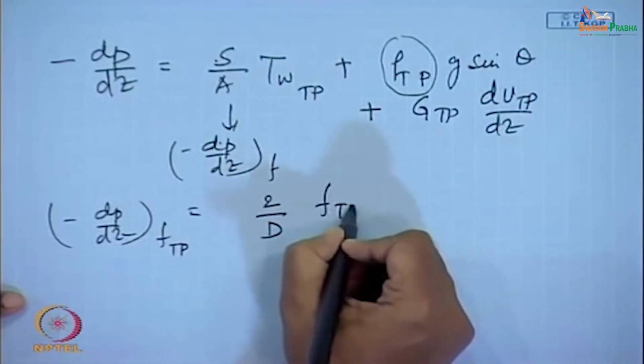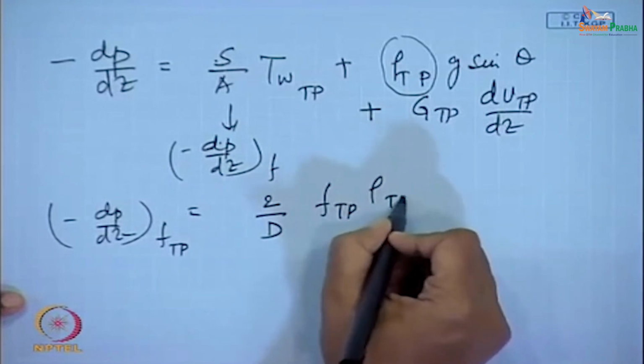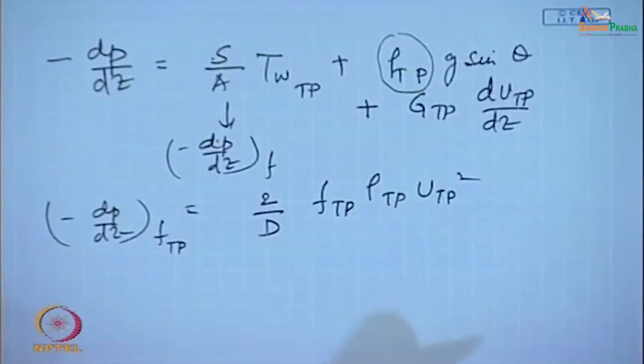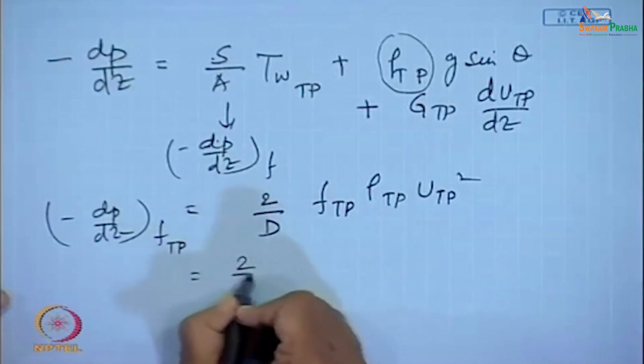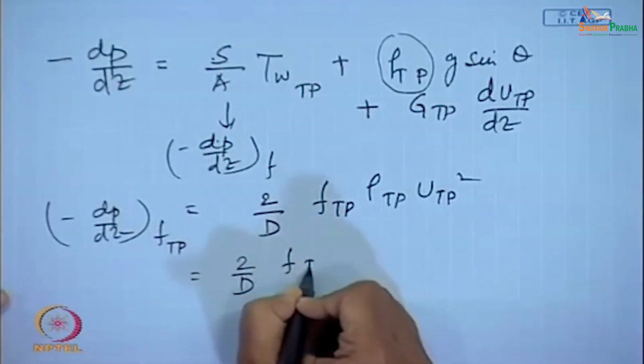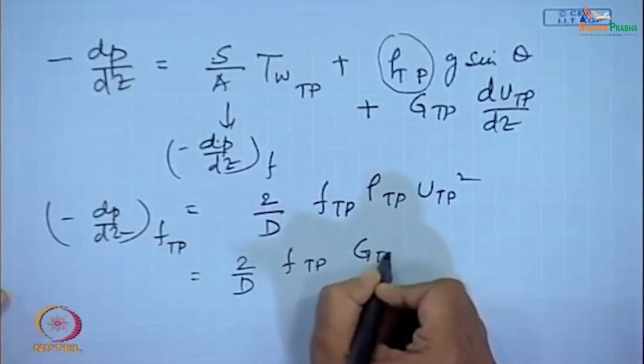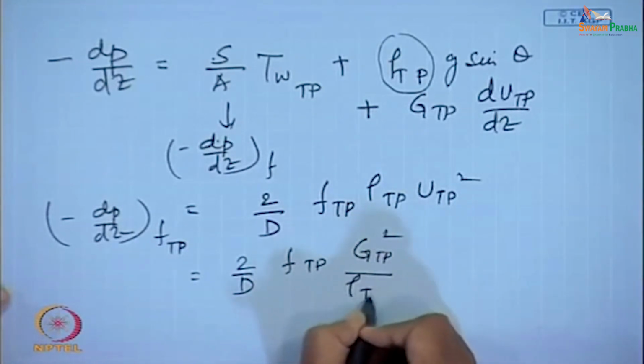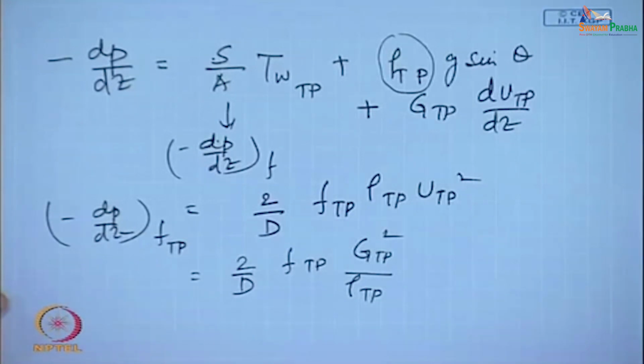This is friction factor rho T p u T p square. This equation definitely you should be remembering, is it not? Or in other words, this can be written down as 2 T p F T p g square by rho. Can we write it down in this particular term?